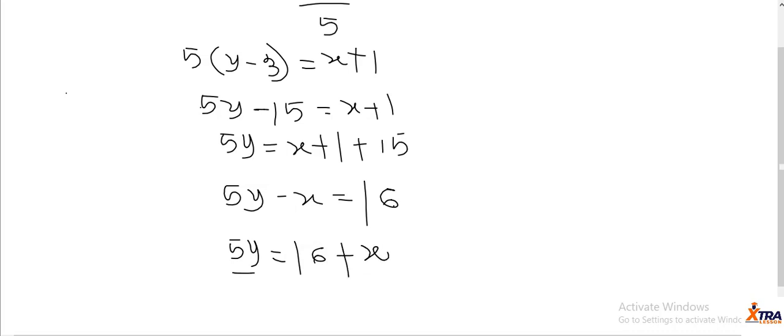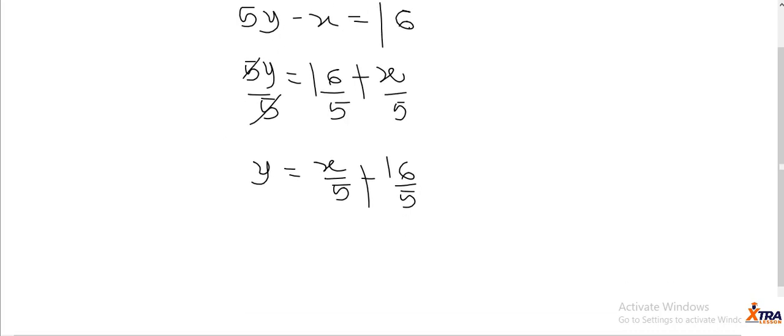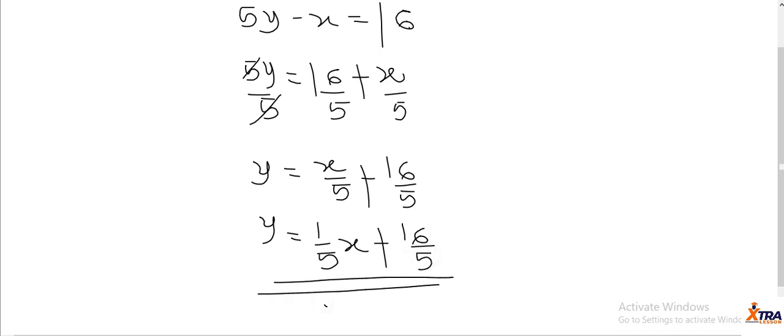We divide both sides by 5, so we have y equals x over 5 plus 16 over 5. So I can write this as y equals 1/5 x plus 16 over 5.